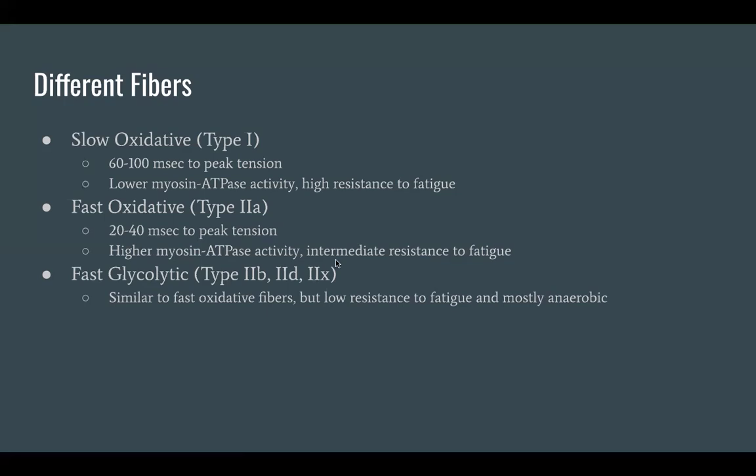Fast oxidative fibers are type 2A, 20 to 40 milliseconds until peak tension, and they have higher myosin ATPase activity but intermediate resistance to fatigue, so they will tire out way faster. Fast glycolytic fibers are type 2B, 2D, or 2X, and they're very similar to fast oxidative fibers, but they have very low resistance to fatigue and work in mostly anaerobic conditions.